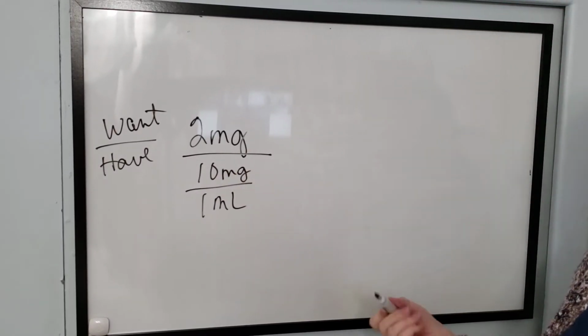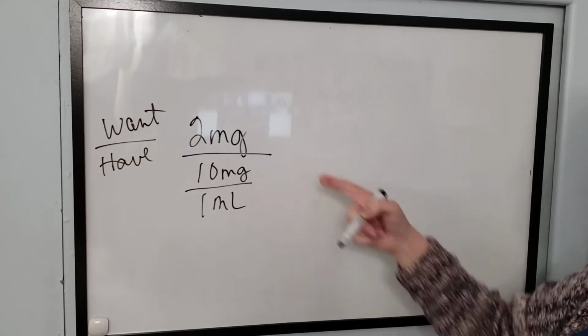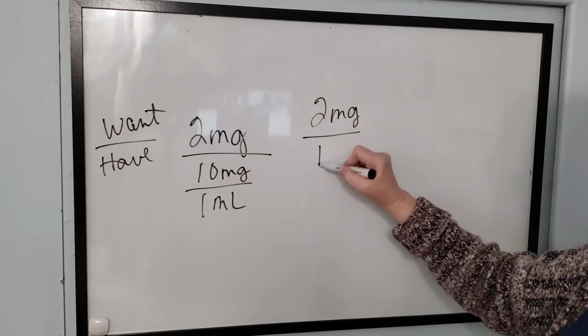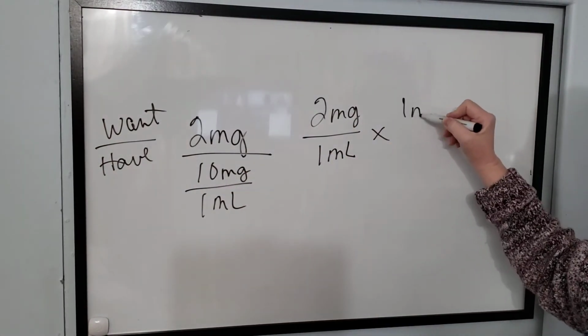So how do you divide by a fraction? This is for the volume, correct? Yes, this is still for the volume. Well, we make the top number a fraction, and then we flip this one over and multiply.